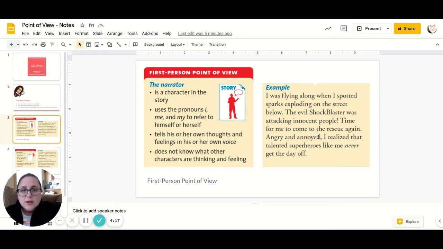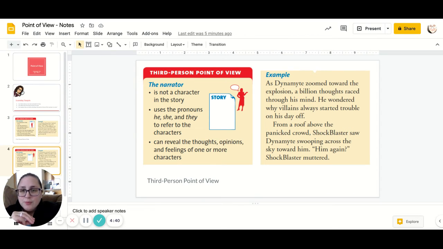So we have angry and annoyed. They're telling it from their perspective. I spotted the sparks. I realized. And they don't know what other characters are thinking and feeling because it's specifically from their point of view. They can only tell you what they're seeing, how they're feeling, and what they're thinking. That's first person point of view. Your viewpoint on the world is first person.